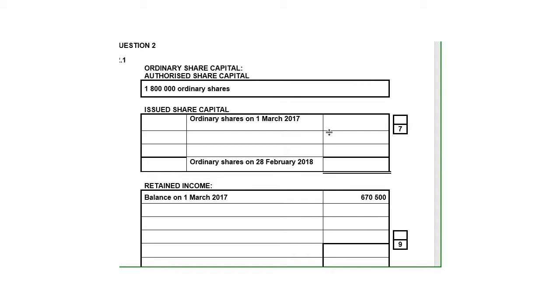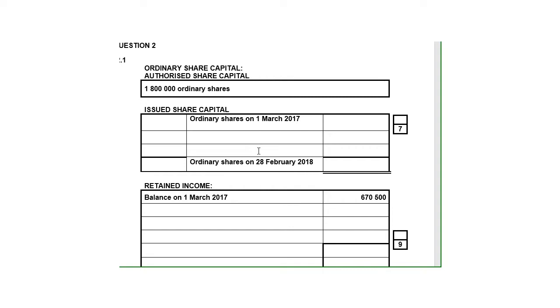That is now where we're going to work with the amounts. On the left hand side we'll have number of shares, and on the right hand side the amounts. It starts with the balance at the beginning, ordinary shares on the 1st of March 2017. To that we're going to add whatever new shares were issued during the year and deduct whatever shares were bought back.